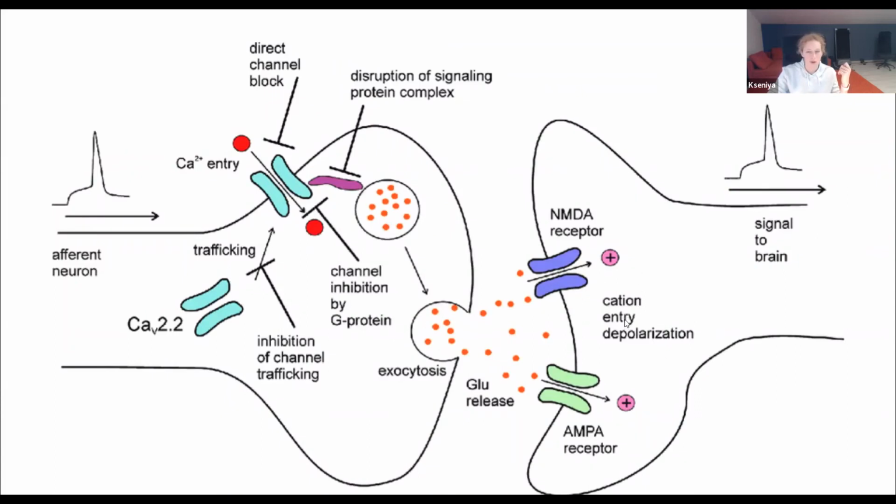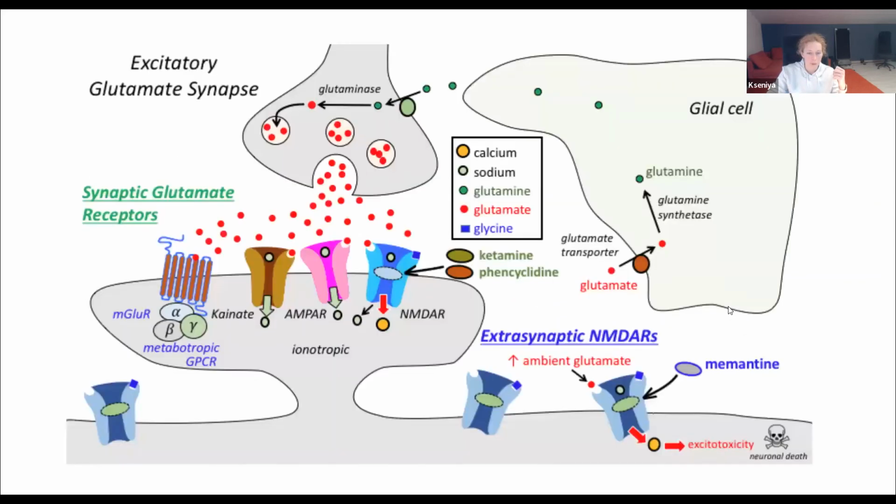For example, there are AMPA receptors and NMDA receptors, and both of them are receptors for glutamate. They also have different pharmacokinetics, different speed of response, and duration of activation.